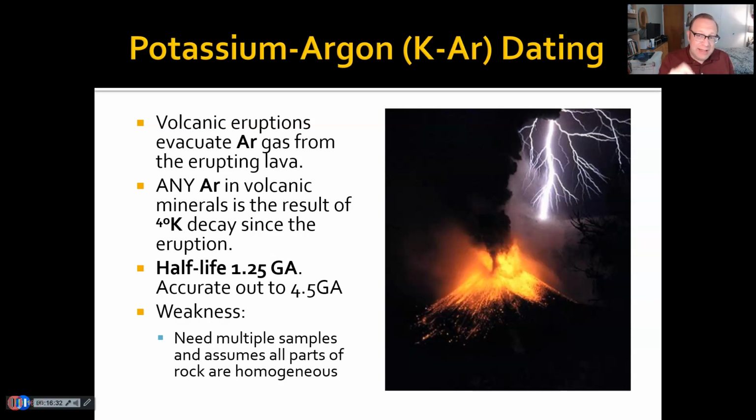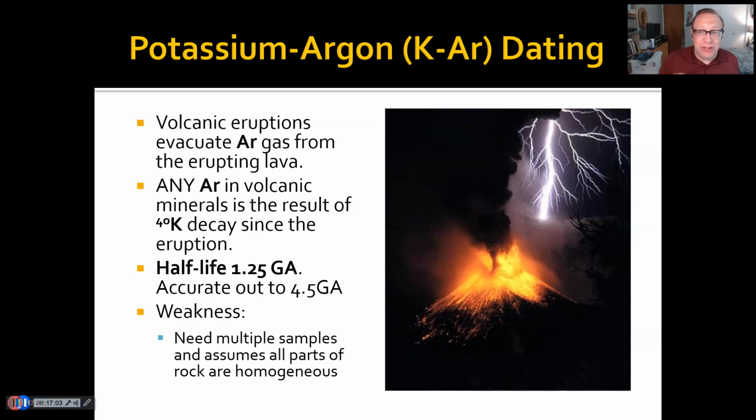Any argon in that material later will be the result of potassium-40 decaying. So all we have to do is total up the amount of potassium-40, and we know how long it's been since that rock was formed, which tells us when that layer was laid down.